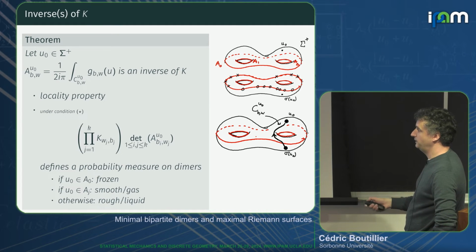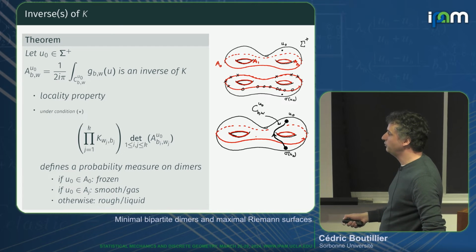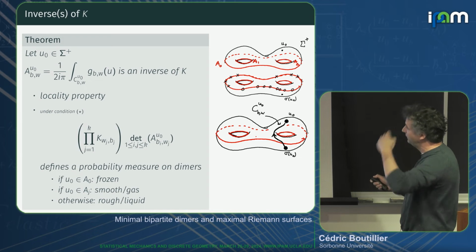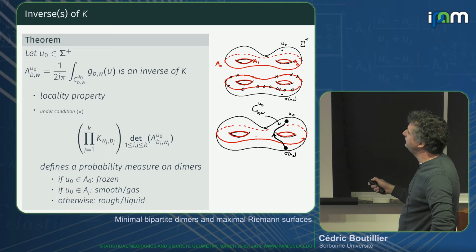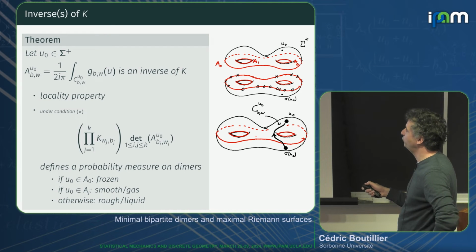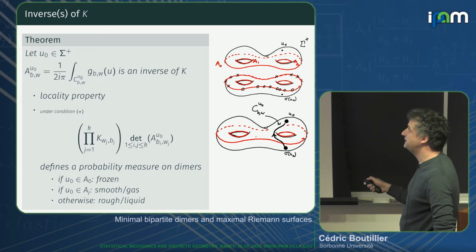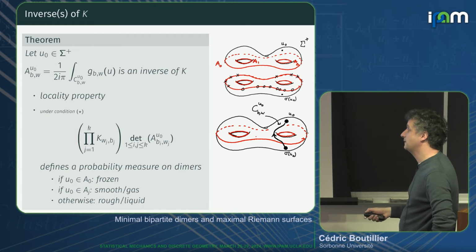And these measures also have three possible phases, which depend on the position of u0 on these curves on sigma plus. If u0 happens to be on the red curve A0 here, the measure will be frozen. If u0 is on one of the other edges, you get something in the gaseous phase.